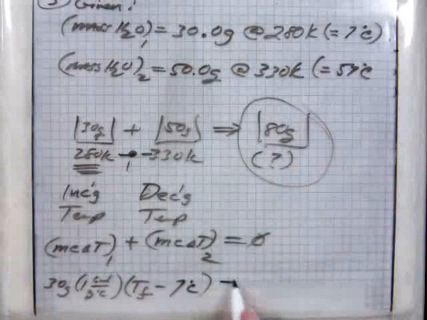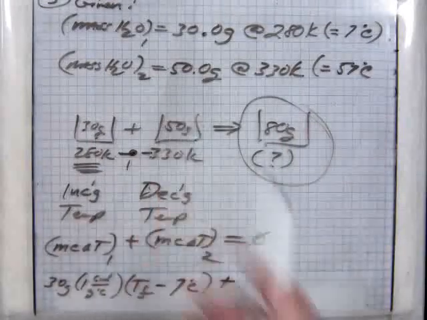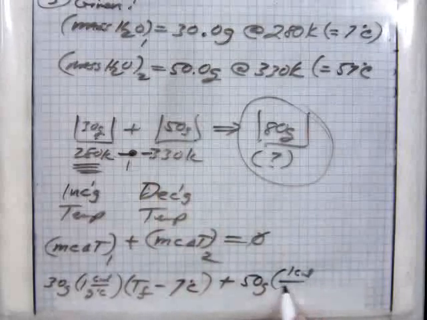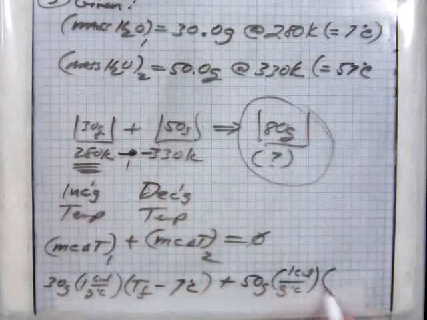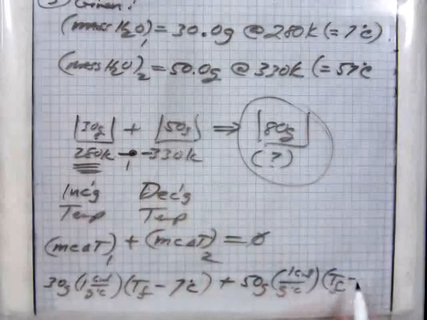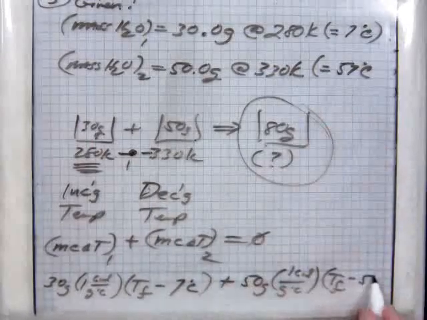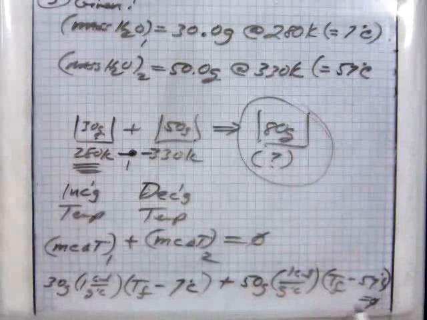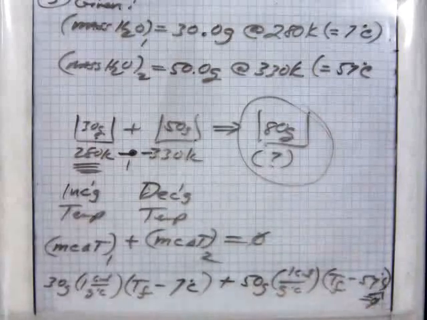And then you're going to add that to 50 grams of water, still 1 calorie per gram degree C, and it's going to T final minus 57 degrees C, and that equals 0 in there.